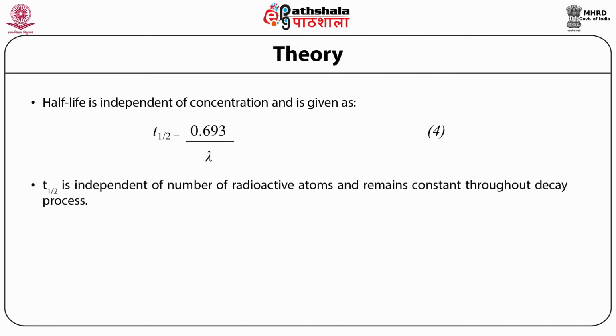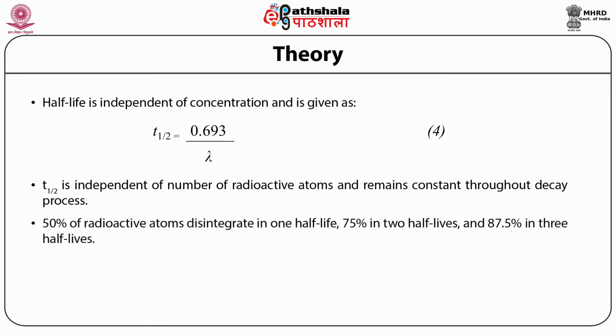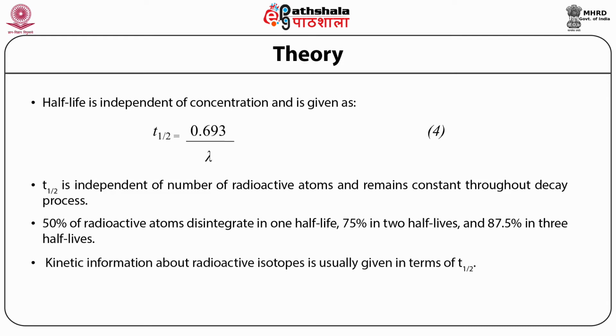Since the half-life is independent of the number of radioactive atoms, it remains constant throughout the decay process. Thus, 50% of the radioactive atoms disintegrate in one half-life, 75% in two half-lives, and 87.5% in three half-lives. Kinetic information about a radioactive isotope is usually given in terms of the half-life because it provides a more intuitive sense of the isotope's stability.